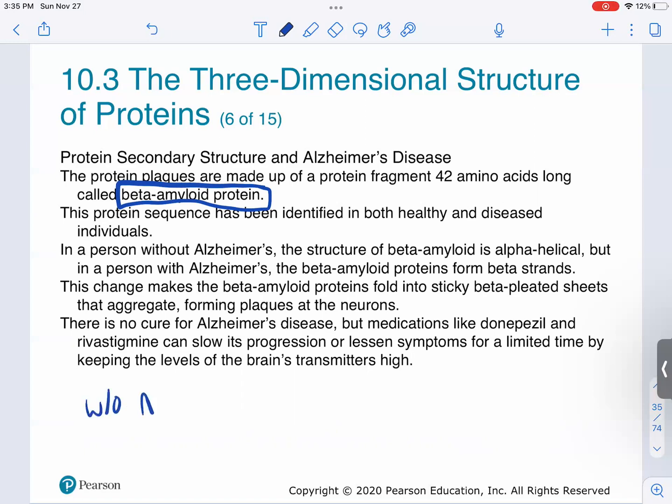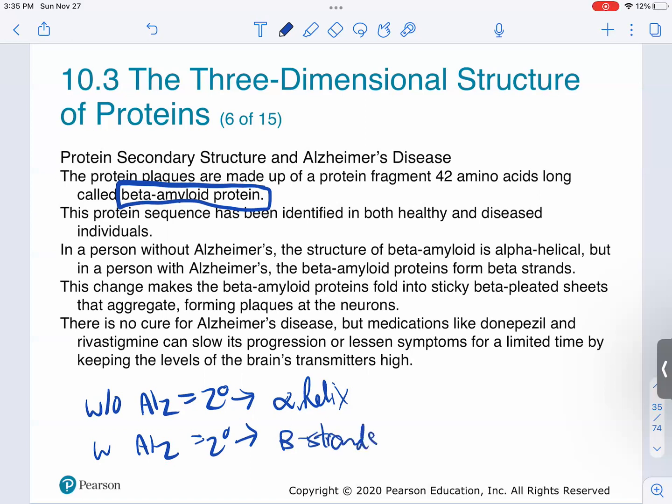So without Alzheimer's, the secondary structure there is going to be alpha helix. But in a person with Alzheimer's, the beta amyloid protein is going to have beta strands. It's going to be built up of beta strands.